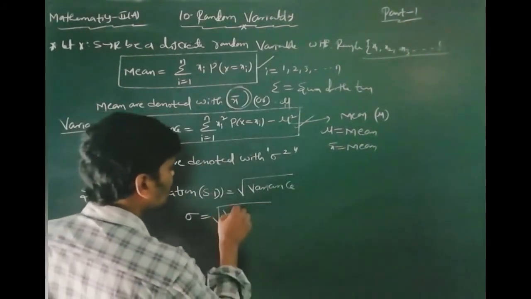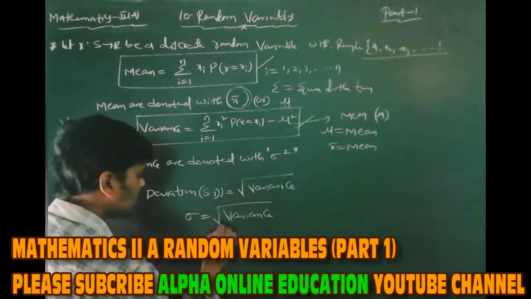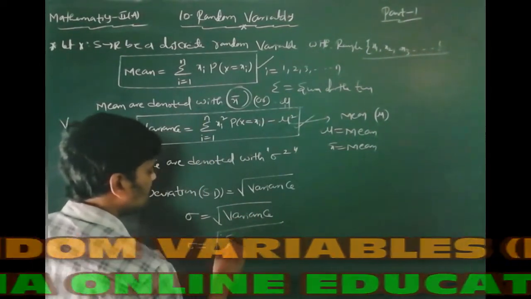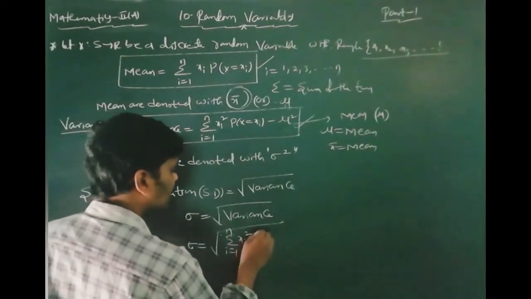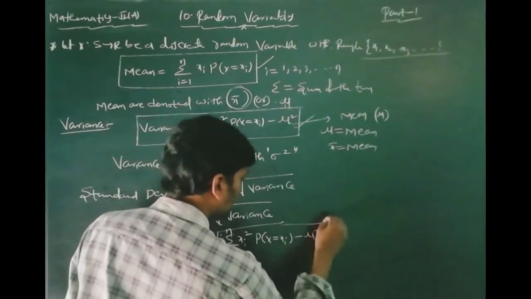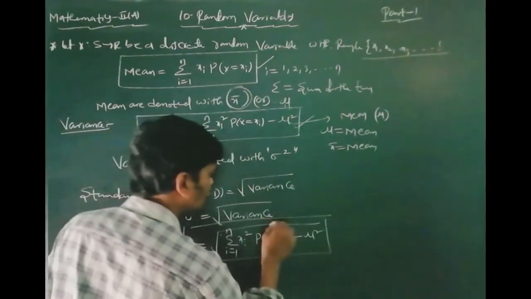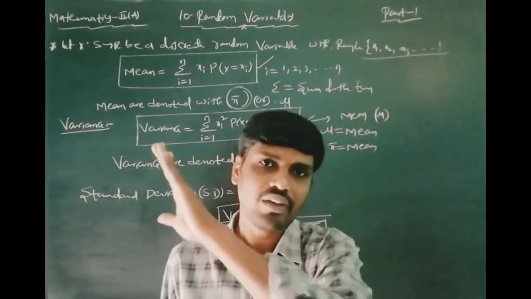Sigma is equal to the square root of variance. What is the formula of variance? Square root of summation of i equal to 1 to n of xi square p of x equal to xi minus mu square. The square root of variance is called standard deviation.